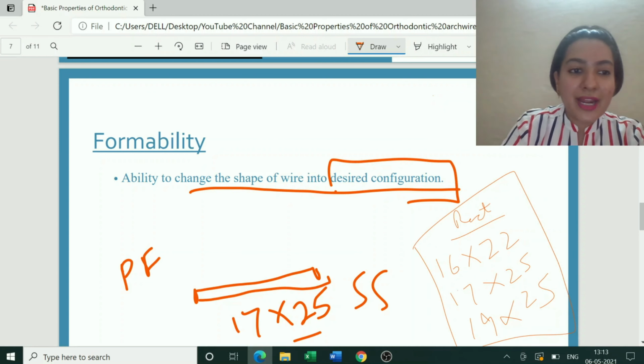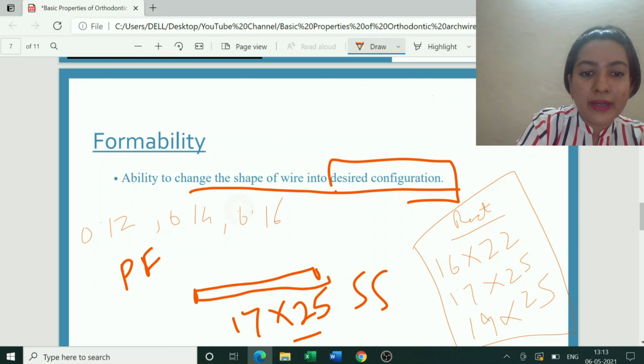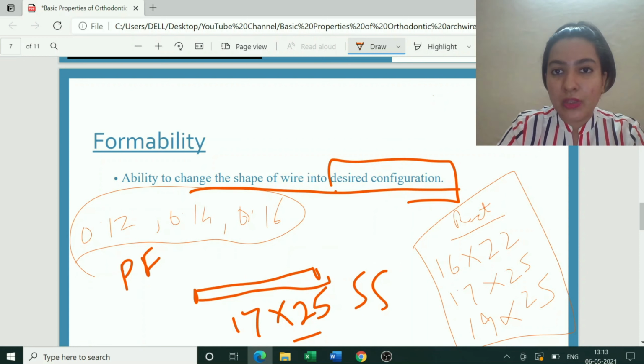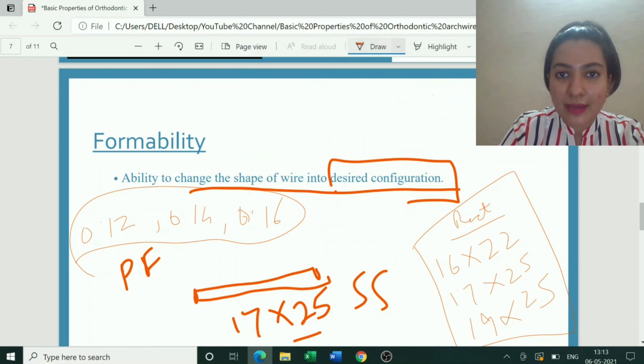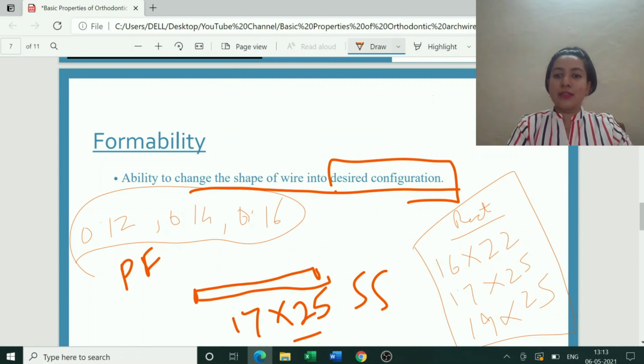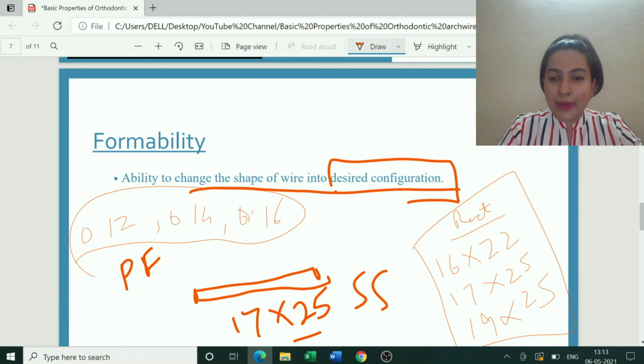Whenever I am saying things like O12 wire, O14 nitinol, O16 nitinol or O18 nitinol, I am talking about my round set of wires. So I don't want you people to get confused or stay confused. So yes, these are the basic things about round wires and rectangular wires.